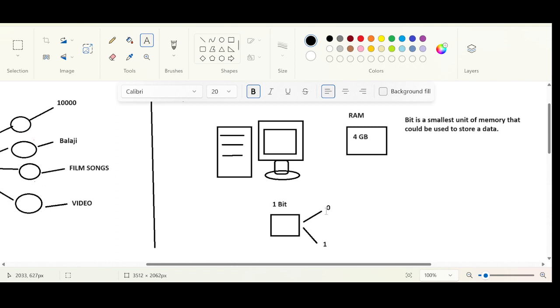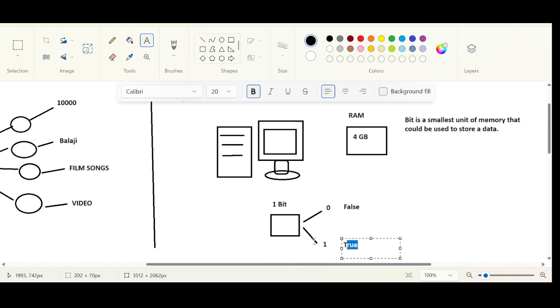So in 1 bit of memory, you can store either 0 or 1. At any point of time, two possibilities are there. This 0 can also be represented as false. 1 can also be represented as true. So you don't put true directly.